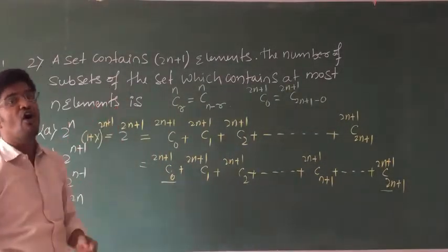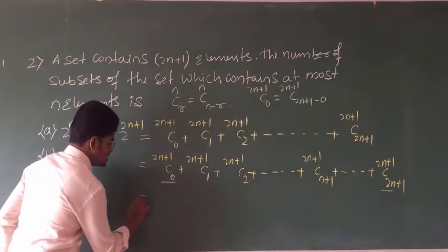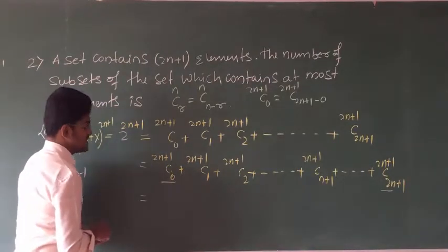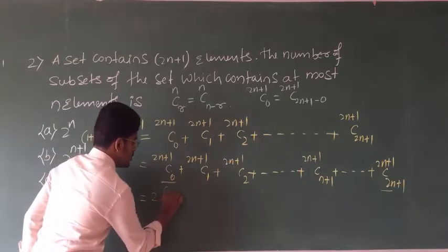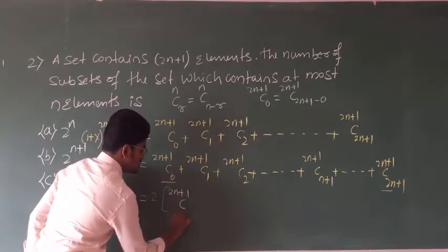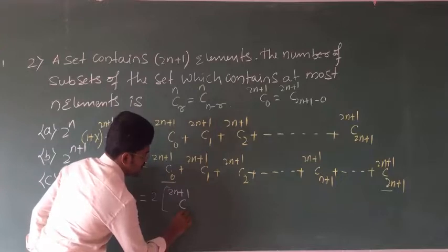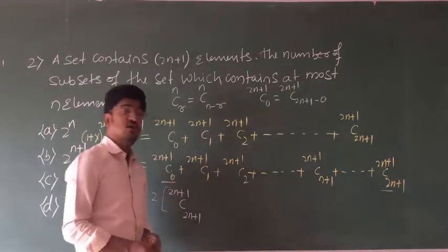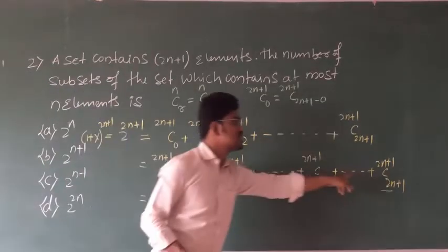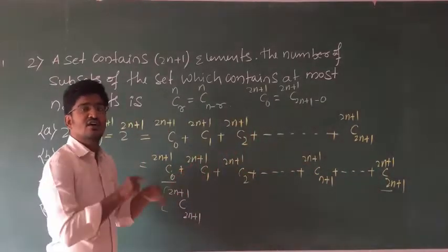2 times of, I will write it as 2 times of 2n plus 1 C 2n plus 1. I will write that term here. Clear? Because these two terms are the same. If I add them, there will be 2.